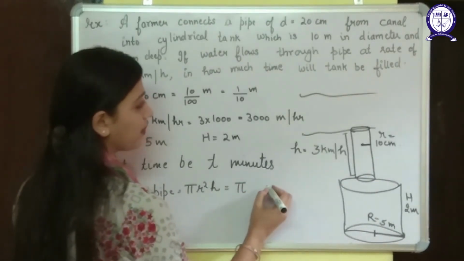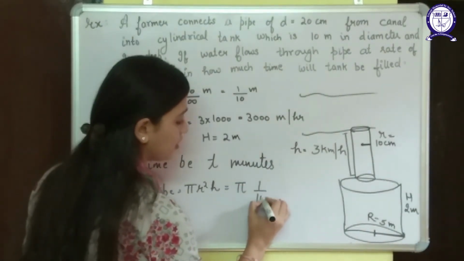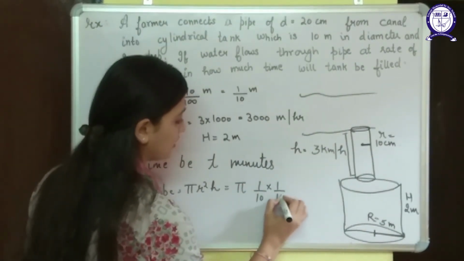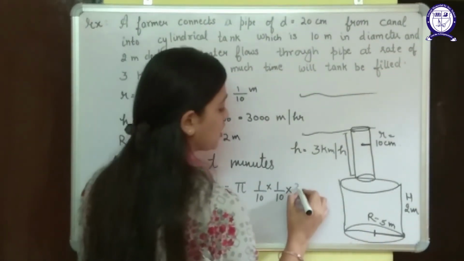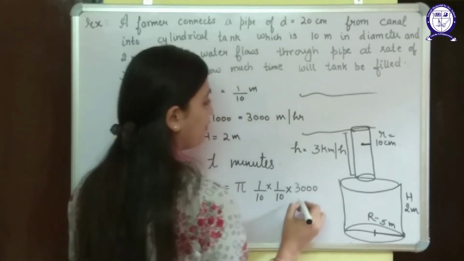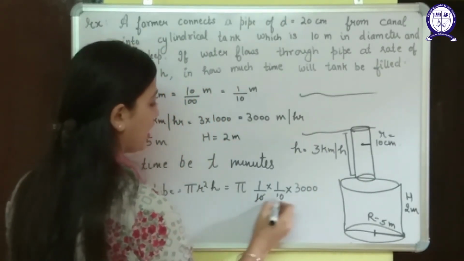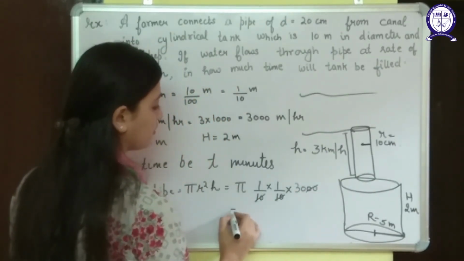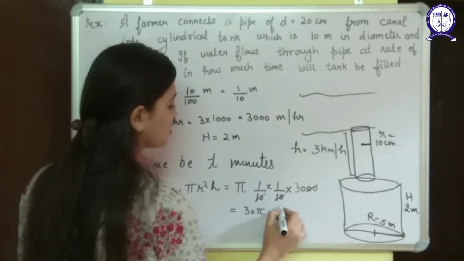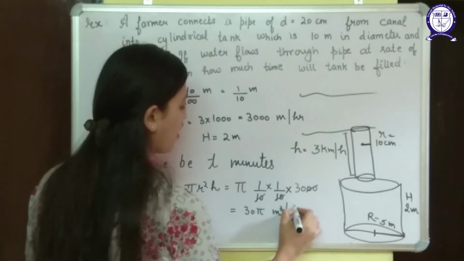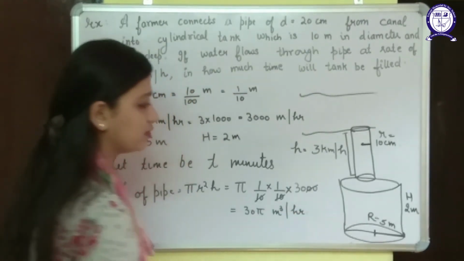Radius is 1 upon 10, 1 upon 10, and my height is 3000 meter per hour. So this is my 30 pi meter cube per hour.